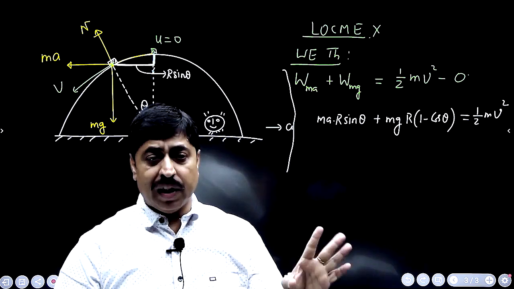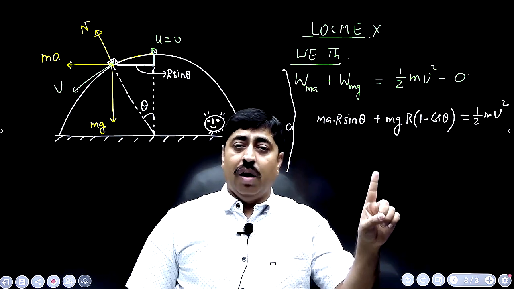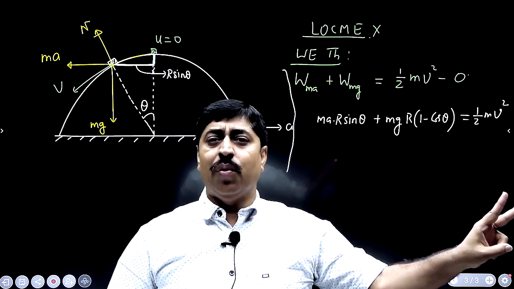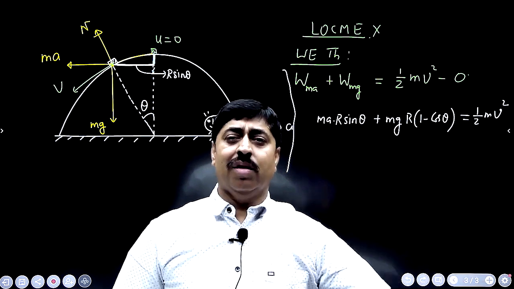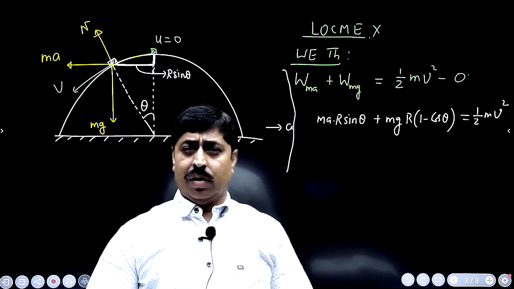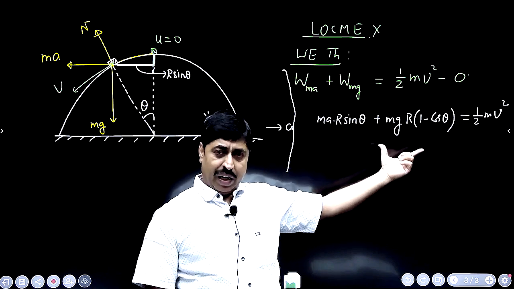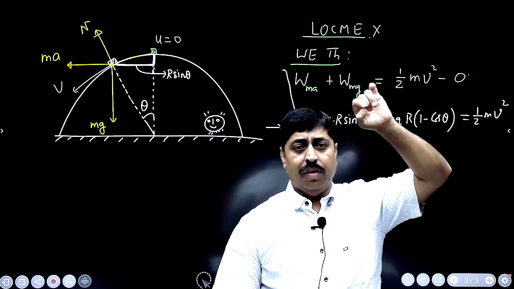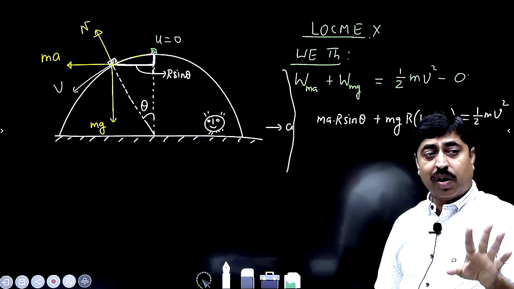Work energy theorem says work done by all forces, which means all external forces, all internal forces, work done by all pseudo forces, every kind of force has to be taken into account. So, work done by pseudo force, work done by gravitational force. Normal force is not performing any work in this case. So, work done by all forces is equal to change in kinetic energy. This is what we have written here.